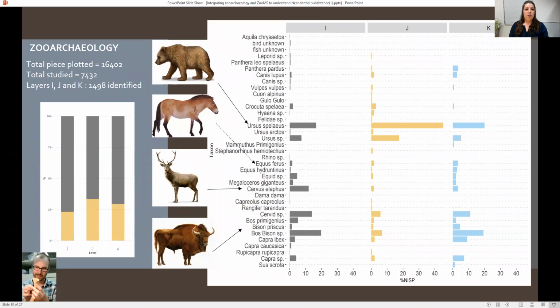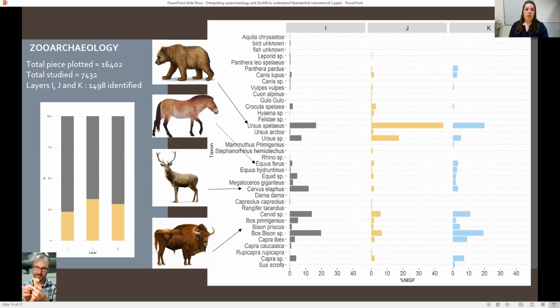The paleontological and zooarchaeological analysis conducted by Jeff Smith and Rosen Spessoff contributed to the construction of a large identifiable faunal assemblage, with more than 7,400 bones studied to date and almost 1,500 identified from layers I, J, and K. The bone preservation is excellent, allowing an identification rate of around 25%, as illustrated by the figure on the left of the slide.